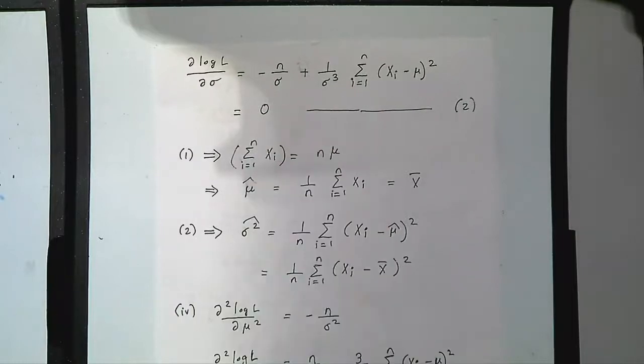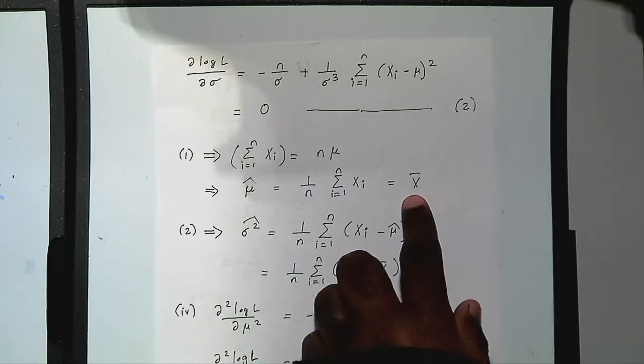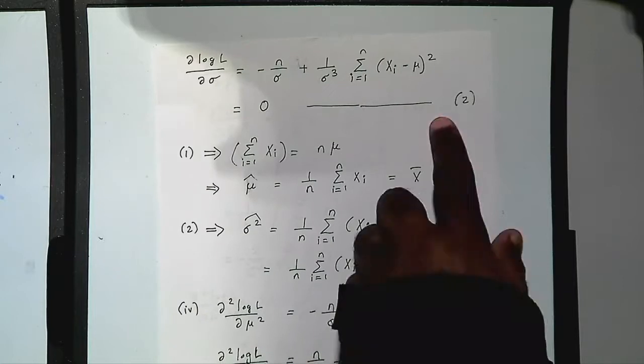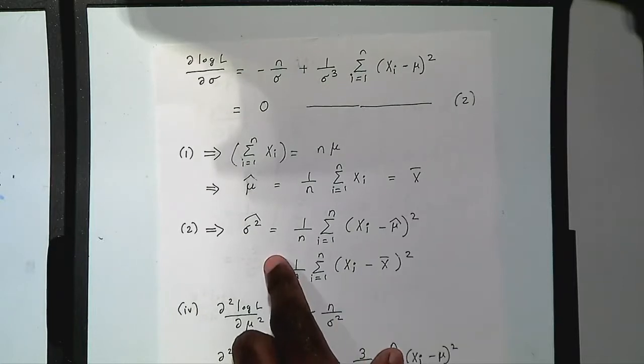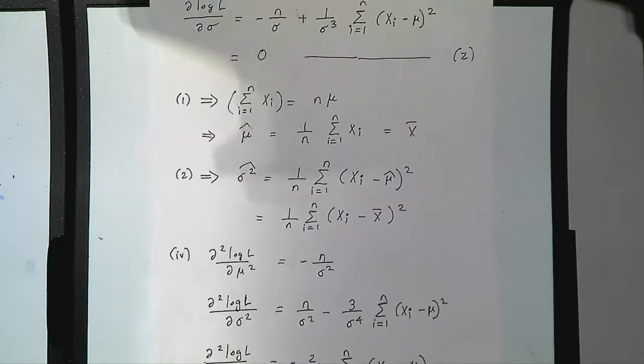So you have 2 equations, 1 and 2. From equation 1, you can find the solution for mu, which I call mu hat, to be equal to x bar, the sample mean. And from equation 2, you can find the solution for sigma squared as this one. So that's step number 3.